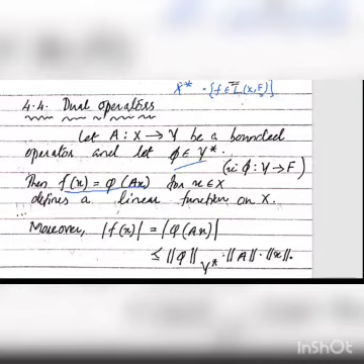So phi belongs to Y star means it is a linear functional. So linear function already is given. So no need of checking if the function is linear or not.